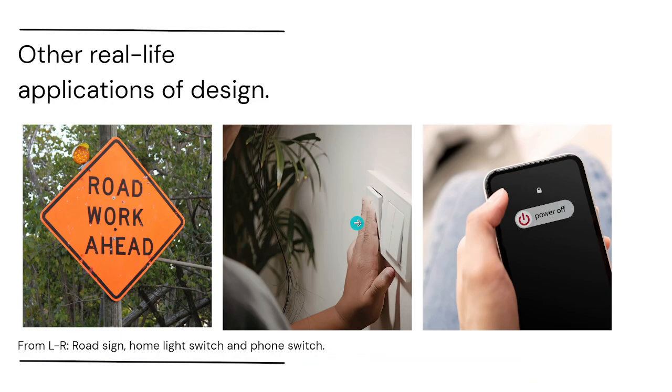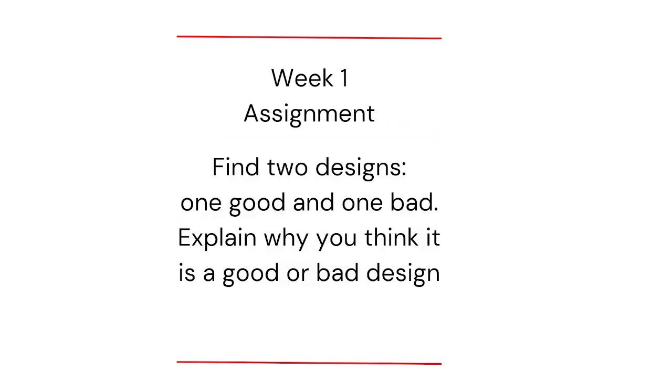We switch on our lights when we need them, and we switch them off when we don't. And the power switch for our mobile devices, for people that use iPhone and Android devices, is basically the same user interface. So these are real life applications of design that we use every day, and there are more examples all around us. Let's move to the next slide.